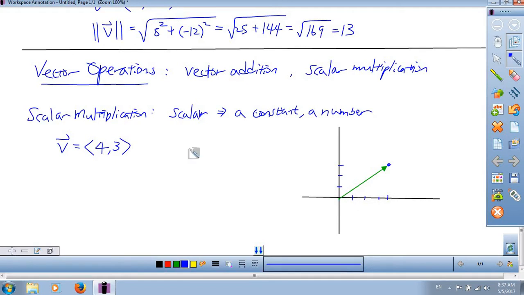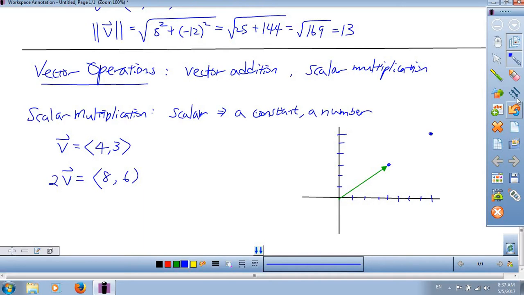So what does 2v mean? Well, 2v means twice the vector, 2 times the vector v. When you multiply a scalar, a constant, by the vector, you multiply all the components by the scalar. So 2 times 4 is 8, and 2 times 3 is 6. So 2v would be 8, 6, with an x component of 8 and a y component of 6.